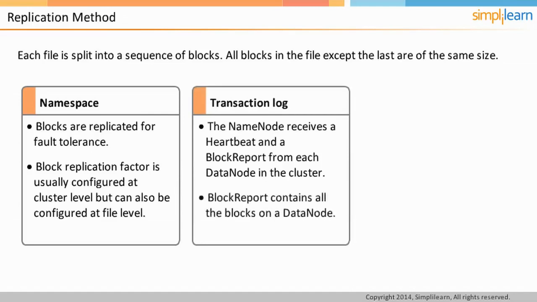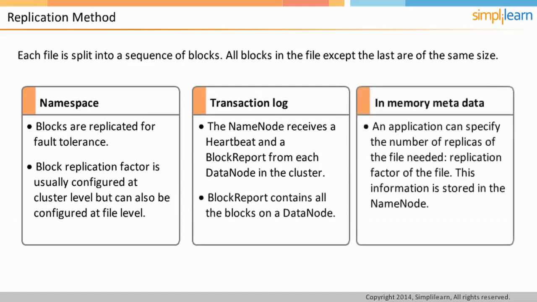Block report contains all the blocks on a data node. An application can also specify the number of replicas of the file needed, that is, the replication factor of the file. This information is stored in the name node. In the next screen, we will discuss a suggested data replication topology.